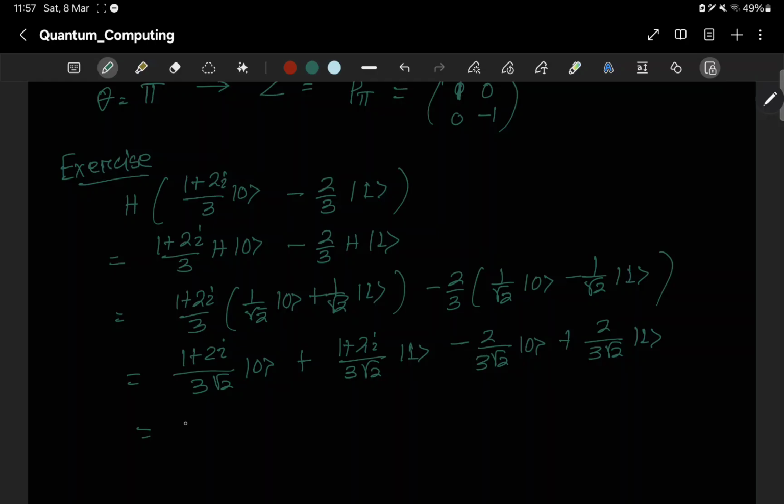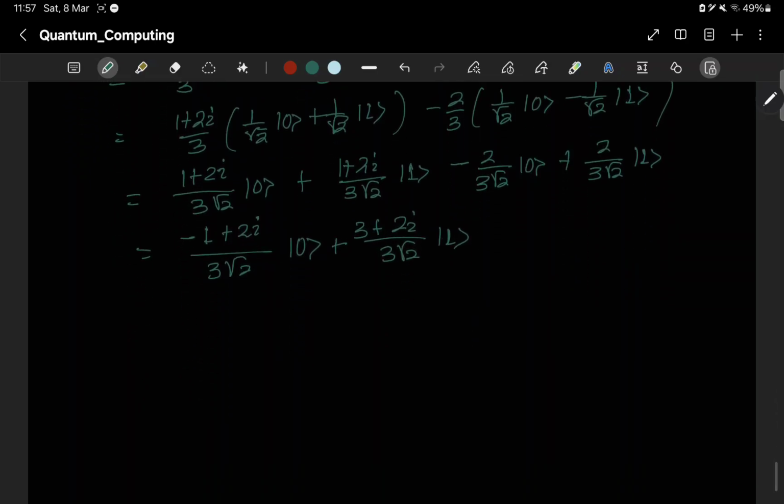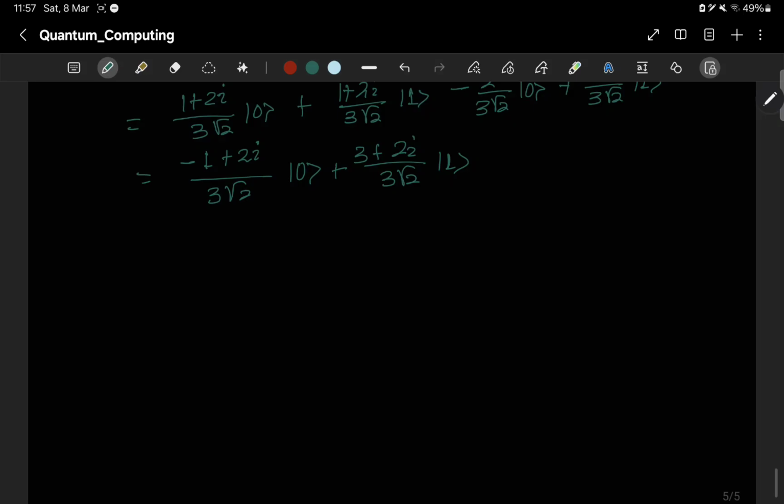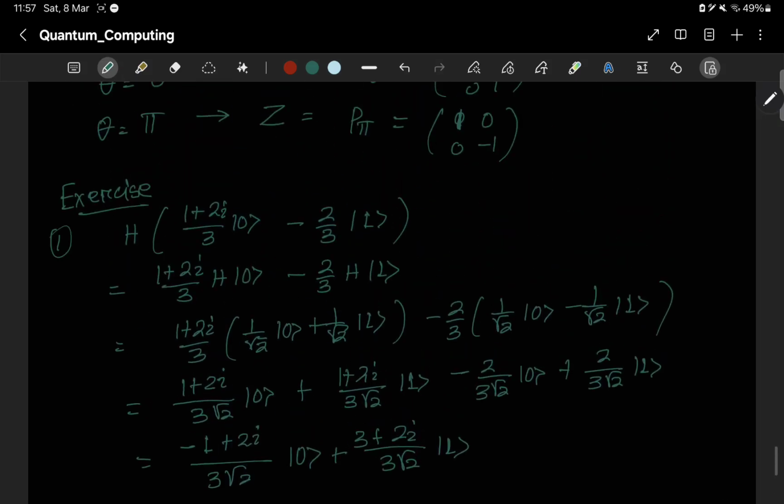So it will be (1 plus 2i minus 2) by 3 root 2 |0>, and this becomes (3 plus 2i) by 3 root 2 |1>. Okay, similarly we can do another example. So this is our first example.